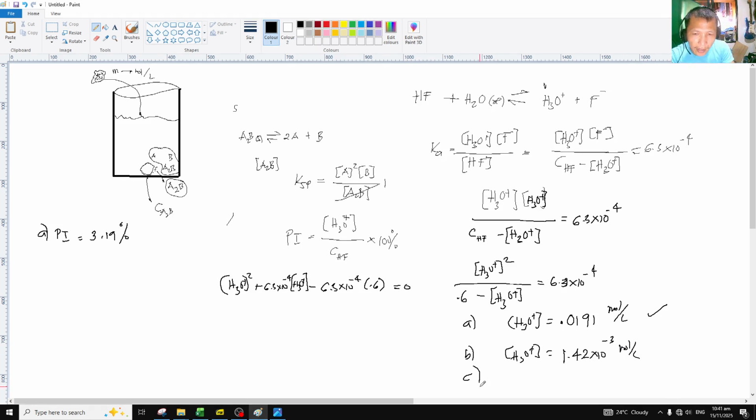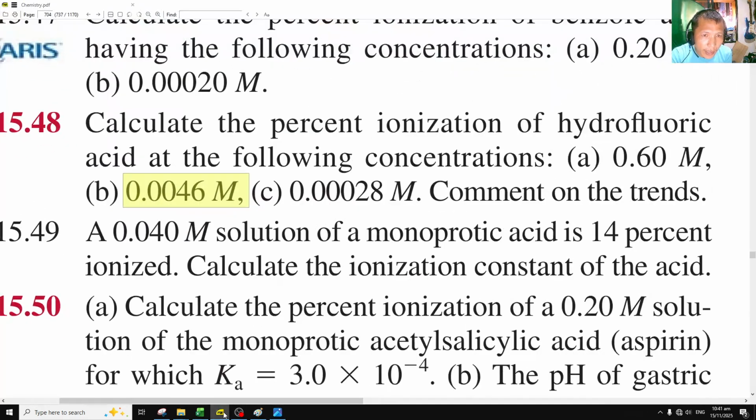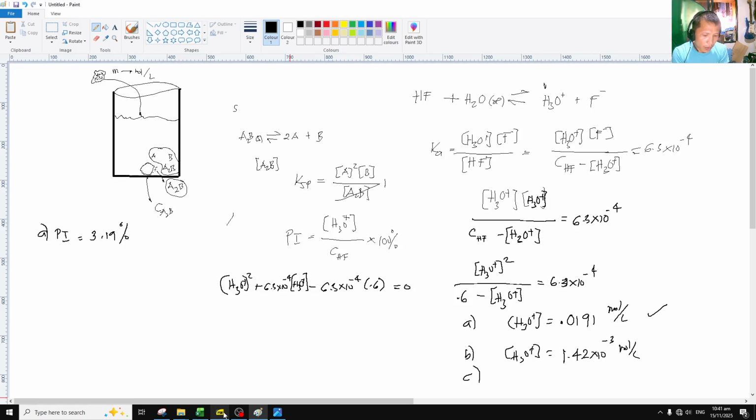So, letter C, we do the same to get the trend. Letter C, you have 0.0028.